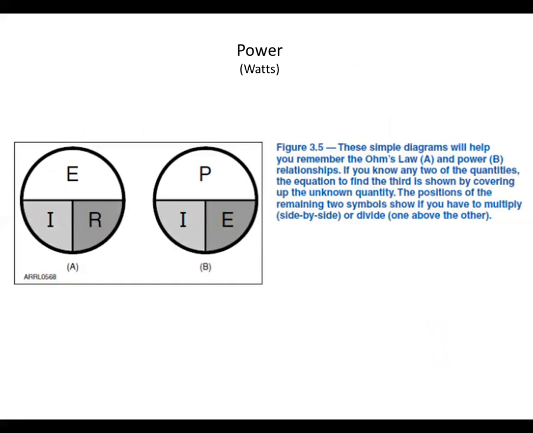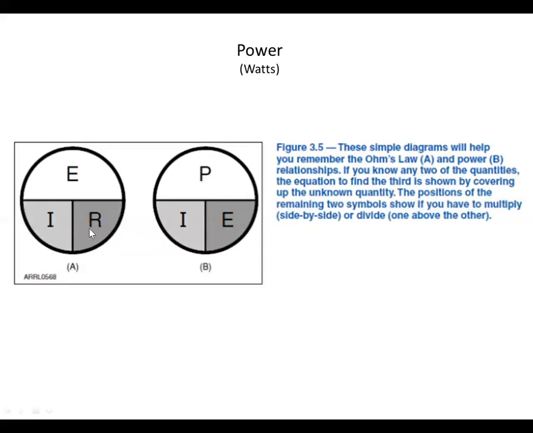Now we go to power, and power is measured in watts. And there was a fellow that I think he actually did the steam generator or the steam engine. He didn't actually invent it; he modified it to make it very useful, and that's why power is named after him now.